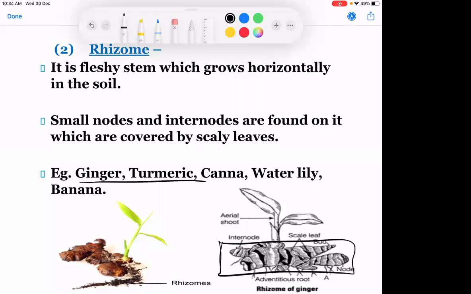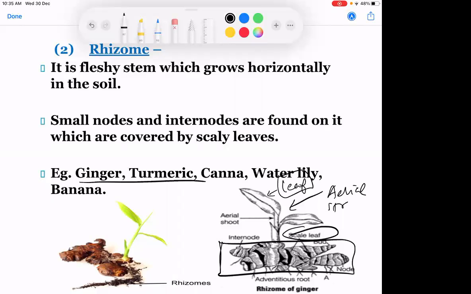Ready, aerial shoot system from one or a few of the branches. So the nodal region can produce an aerial shoot system which has flowers or leaves. So they have two types of leaf: normal vegetative leaf and scaly leaf. Main characteristic feature of this kind of rhizome stem, ready?